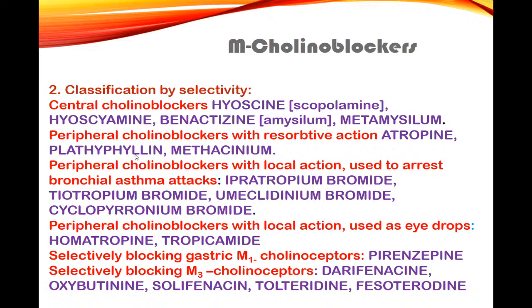Platyphylline. Platyphylline is interesting: it is of plant origin, and it has a special additional ability to influence smooth muscles. First of all, like all the rest of the M-cholinoblockers, by blocking M-cholinoceptors, it decreases tonicity of smooth muscles. But there is a second mechanism of action of this drug.